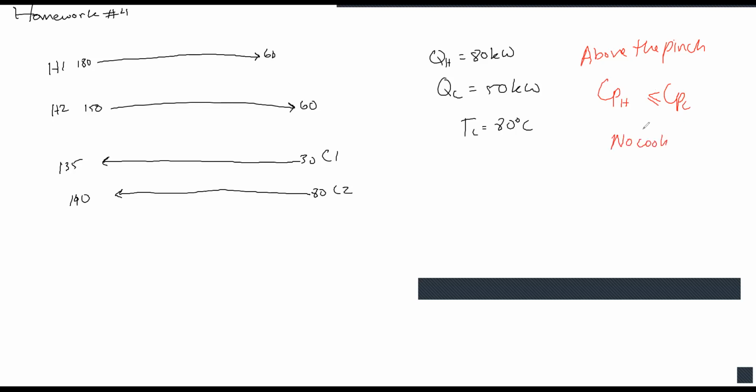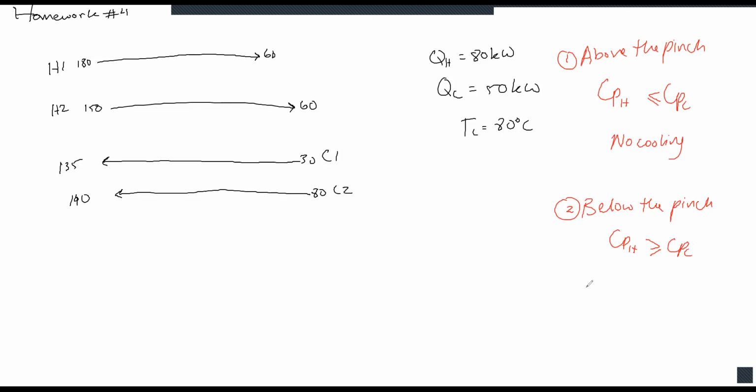This is very important. And then below the pinch, our CP hot has to be greater than or equal to CP cold, and there is no heating. And these 2 rules are extremely important when building your networks, okay?